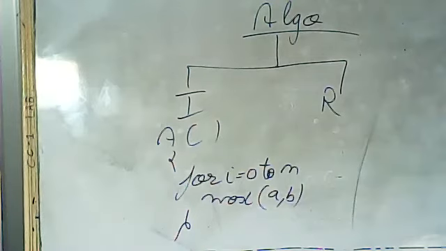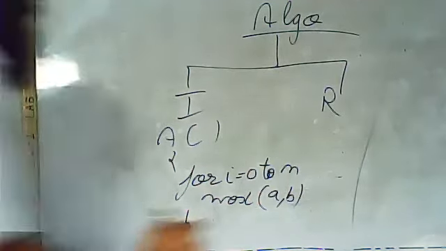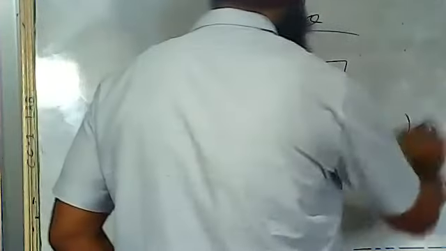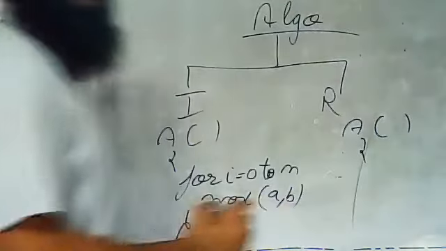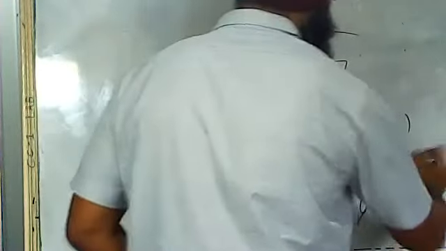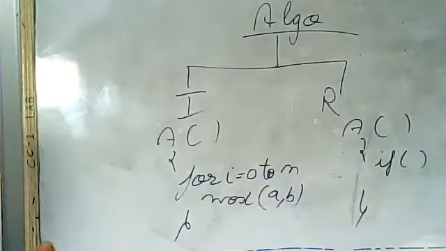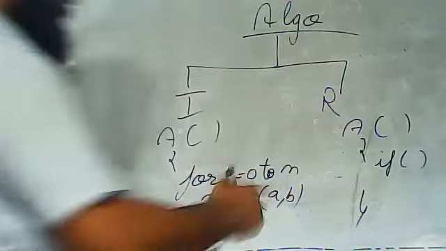And what is the example of a recursive function? If a function calls itself again inside the function, then it is called a recursive function. There may be some if condition that will get us out of those recursive calls.